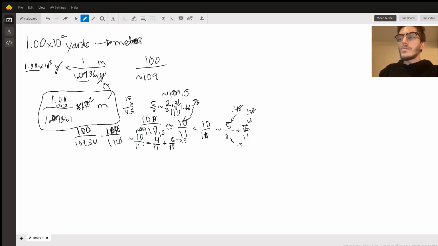But coming to a calculator, 10 divided by 11 is actually 0.909. So it's about 0.91, which I guess makes sense, because this is close to saying like 9/10.